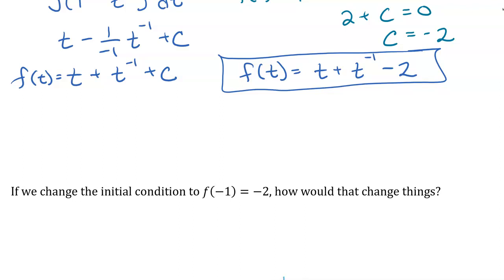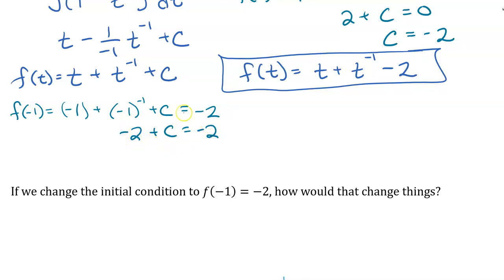If we change our initial condition to f of negative 1 is negative 2, how would that change things? Well, let's see here. If we had f of negative 1, so negative 1 plus negative 1 to the negative 1 plus c equals negative 2. Well, negative 1 to the negative 1 power is negative 1 itself, so negative 1 plus negative 1 is negative 2.